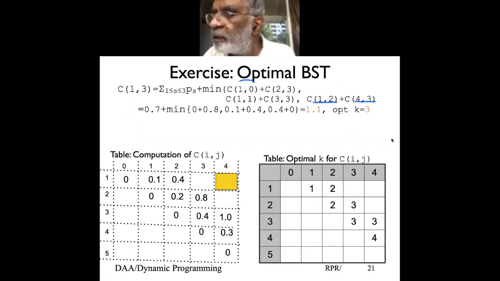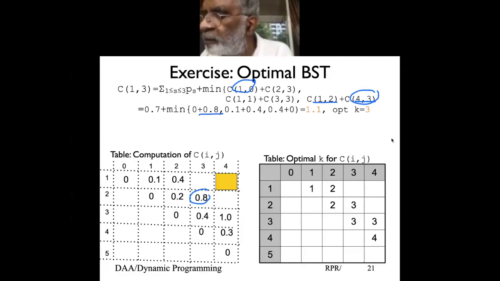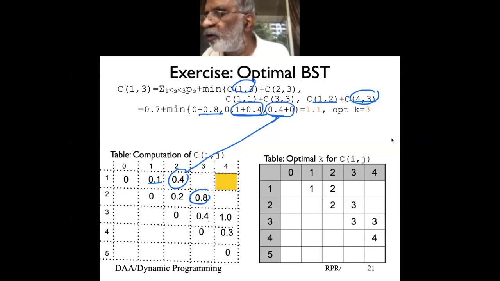So look, this is 0 and this is 0. We know what C23 is. C23 is 0.8. So we get 0.8. We know what C11 is. C11 is 0.1 and C33 is 0.4. So 0.1 plus 0.4, C12, so C12 is 0.4, C43 is 0, so this is 0.8, this is 0.5, this is 0.4, that means this is the minimum.